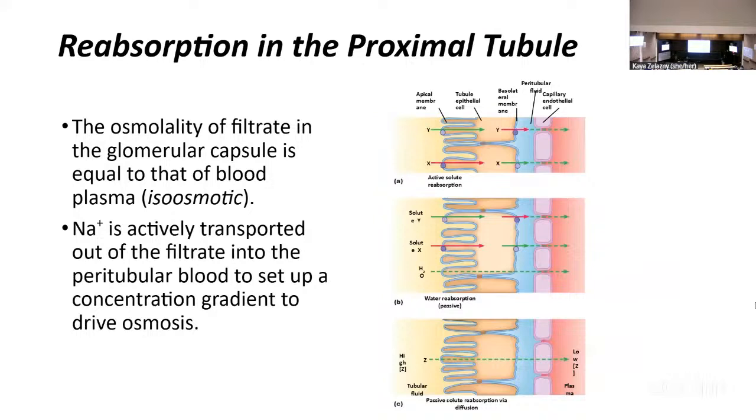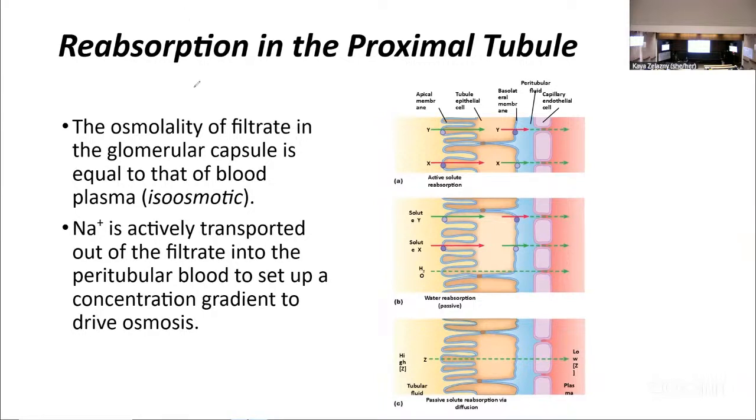Okay. So we can think about this in a bit more formal terminology here. When we do that, what we're saying is that the osmolarity of the filtrate in the glomerular capsule, right? So here's our glomerulus, that's our capillary going in. Here's Bowman's capsule around it. All right.